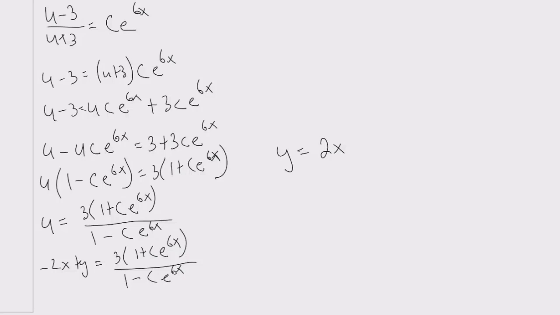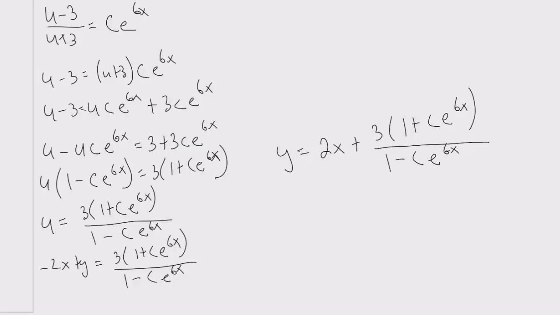So y equals 2x plus 3 times (1 plus c e to the 6x) over (1 minus c e to the 6x).